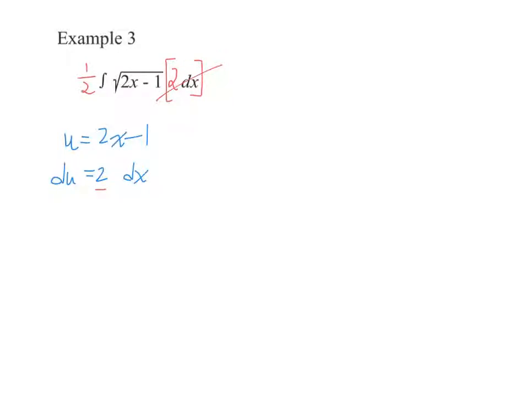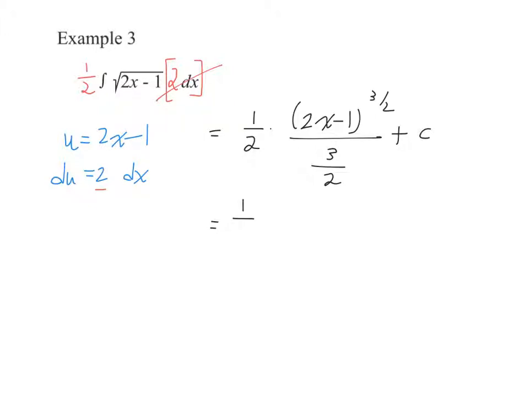Now it's ready to be integrated. I'll add 1 to the exponent and divide. So 2x minus 1 now has a 3/2 power divided by 3/2 plus c. Or after multiplying by the reciprocal, this will be 1/3 (2x minus 1) to the 3/2 plus c.